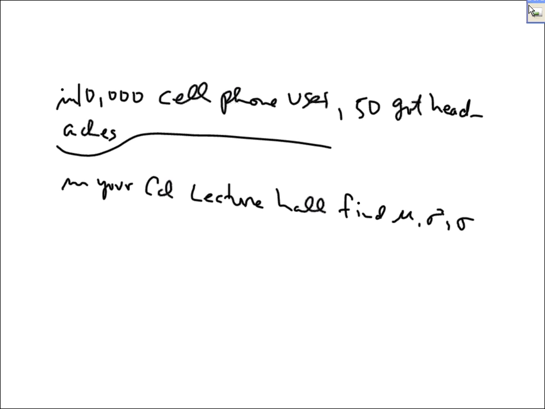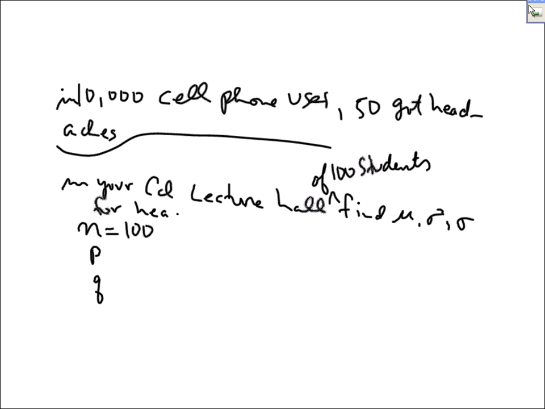In your calculus lecture hall of 100 students, we need to find N, P, and Q. N is 100. Find mu, sigma squared, and sigma for headaches. How many students would you expect to get a headache?